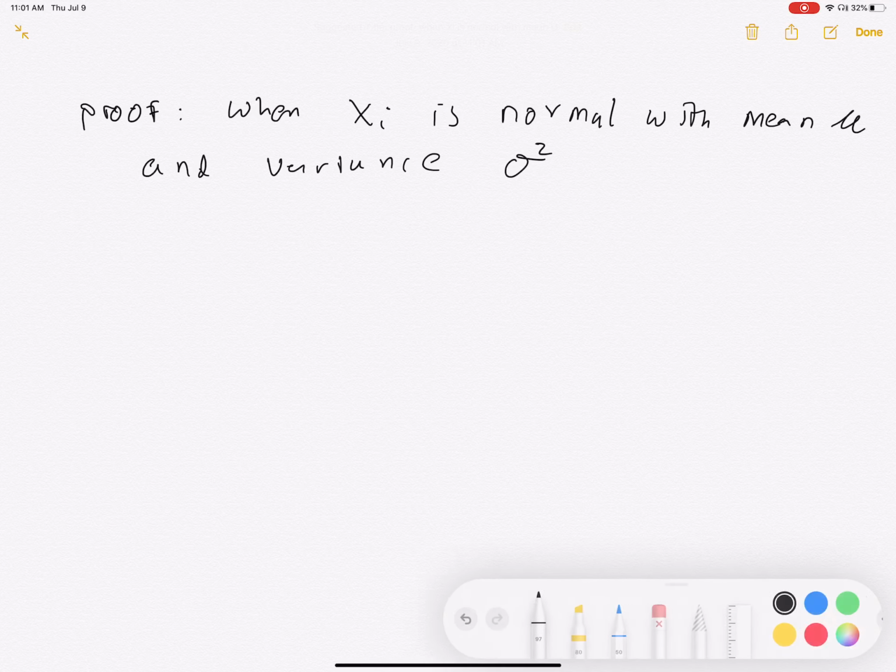Now you could put in the sub x there if you like, but I'm going to leave them off. The sub x just means that it pertains to the observation x sub i.